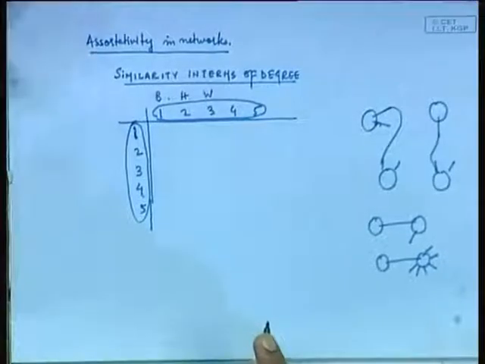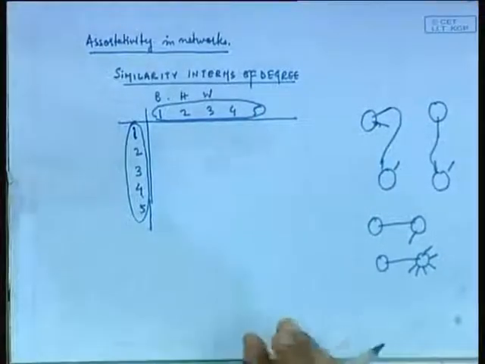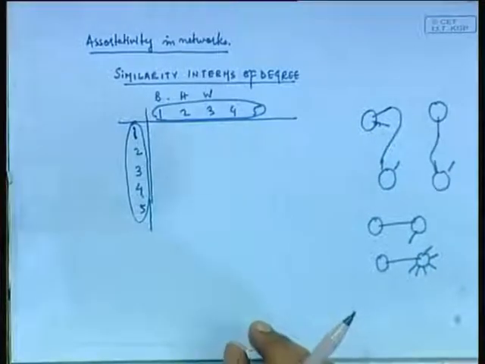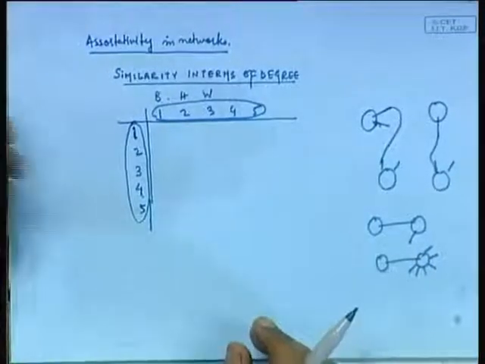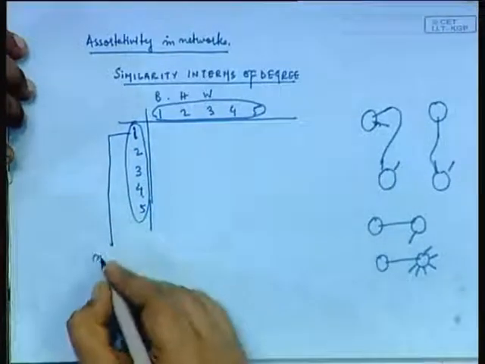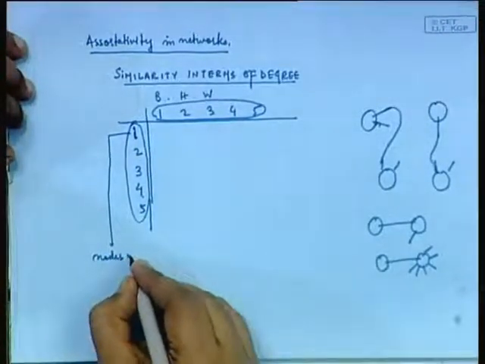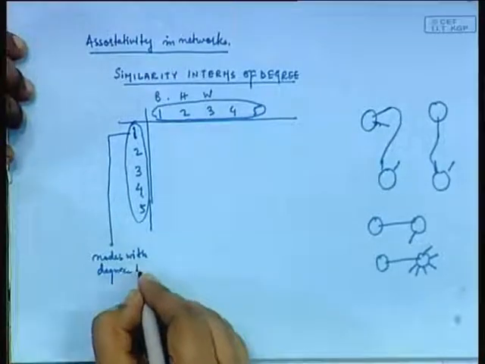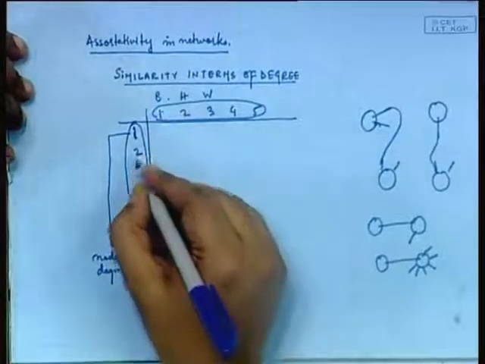So, in the previous case, what was group membership? What were the sets? Sets are blacks, black men or black women, white men or white women. And here what are the sets? This set is nodes with degree 1, this set is nodes with degree 2.